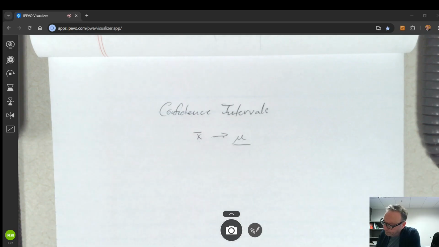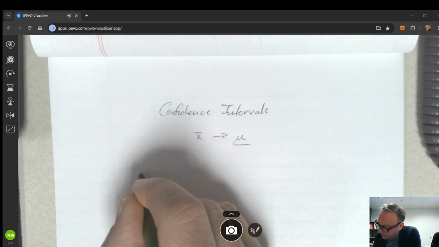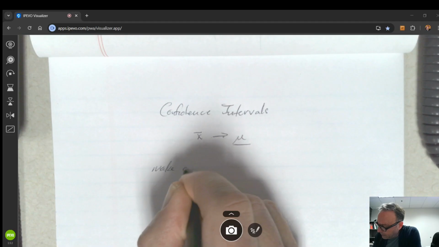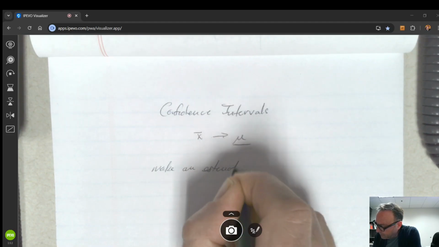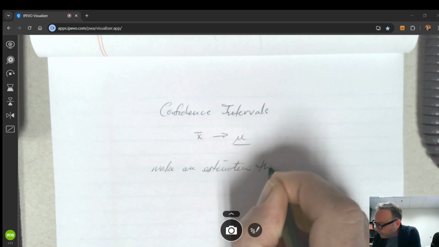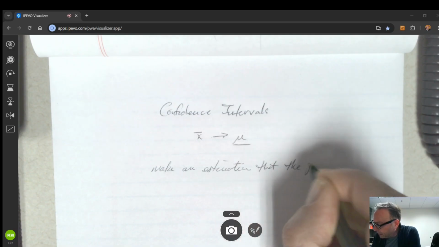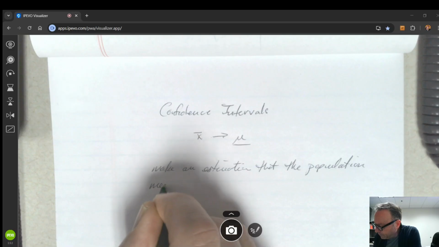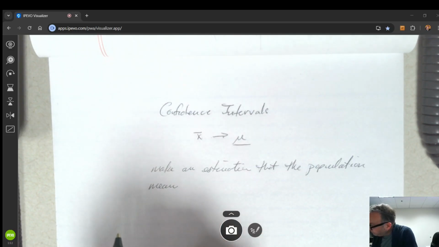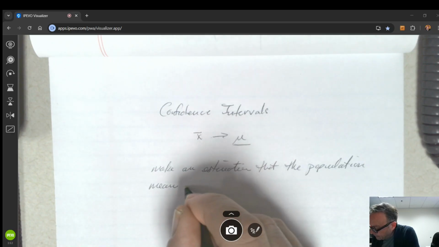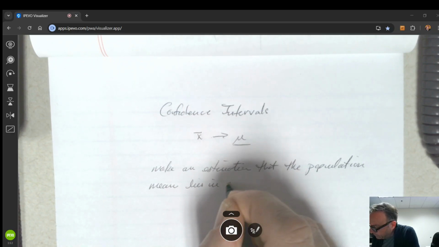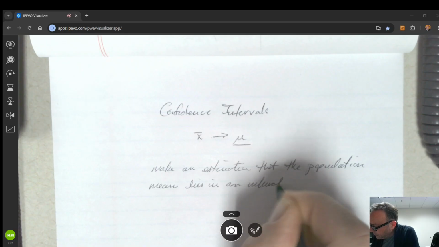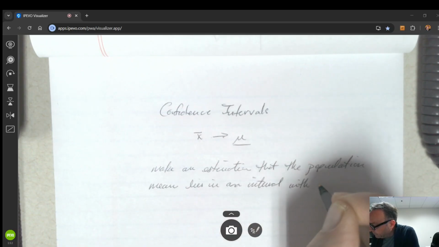You make an estimation that the population mean lies in an interval with a certain level of confidence.